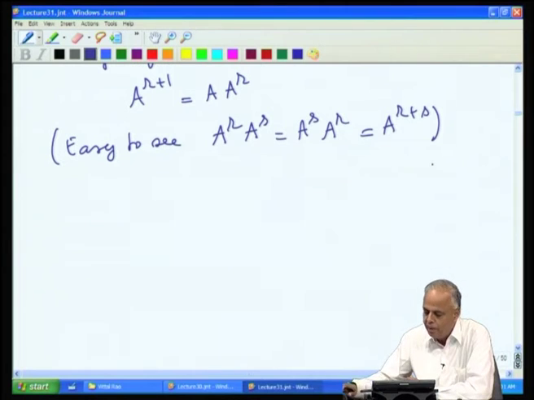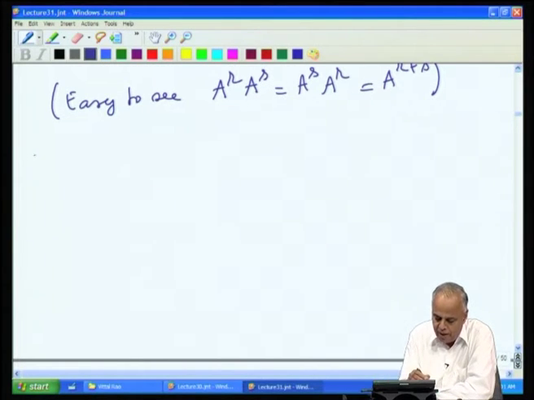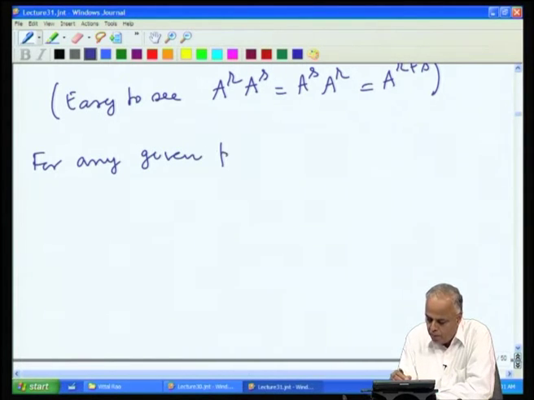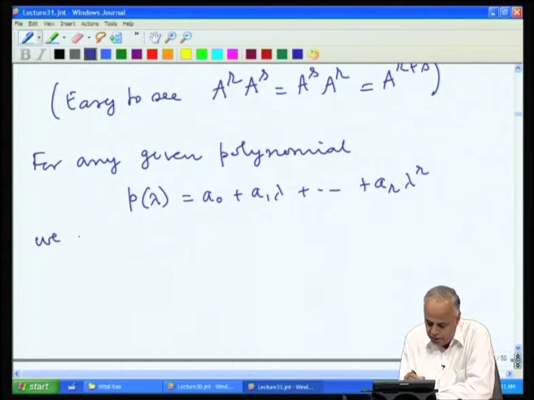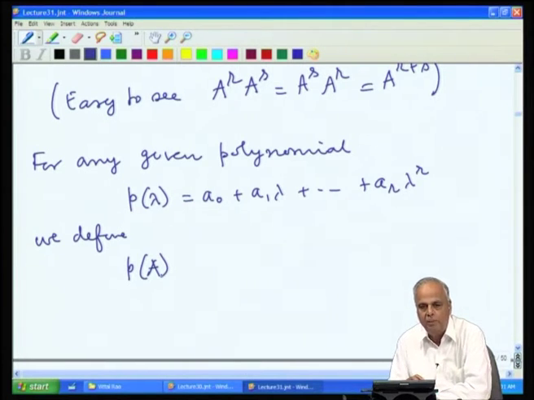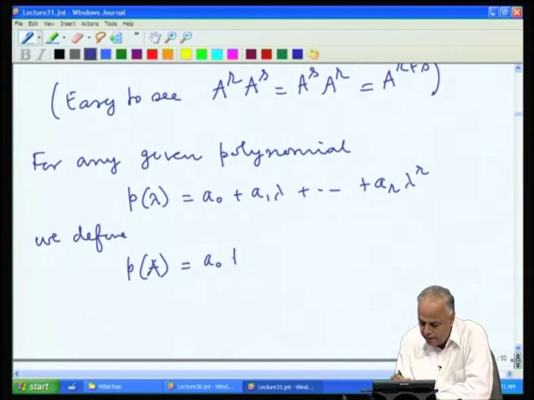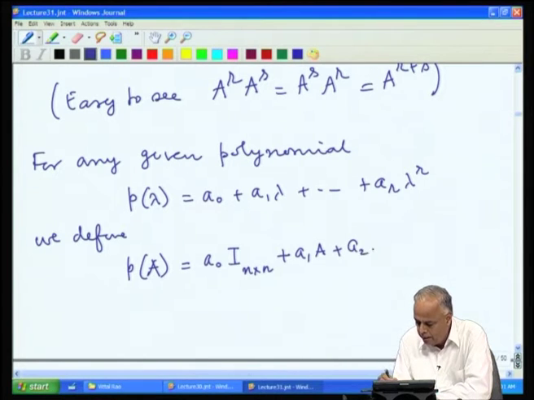So, we first define the power of A, then we define for any given polynomial p lambda equal to a naught plus a 1 lambda plus and so on up to a r lambda to the power of r, the matrix p A as a naught I plus a 1 A plus a 2 A squared plus and so on up to a r A power r.